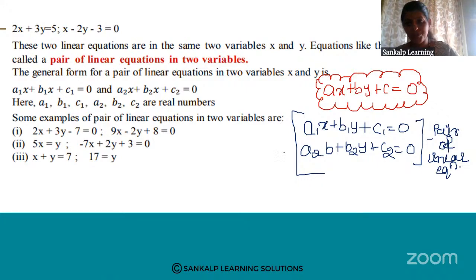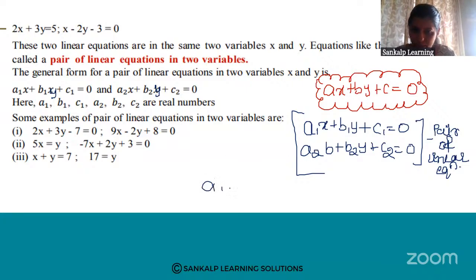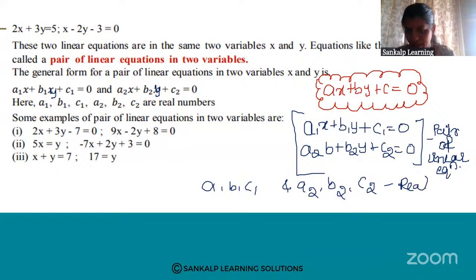This is very, very important. We have to remember. A1x plus B1y, it is not x, it is y, plus C1 is equal to 0 and A2x plus B2y plus C2 equal to 0. Here, another important thing is A1, B1, C1 and A2, B2, C2 are real numbers, right?